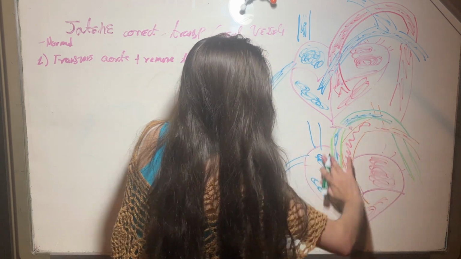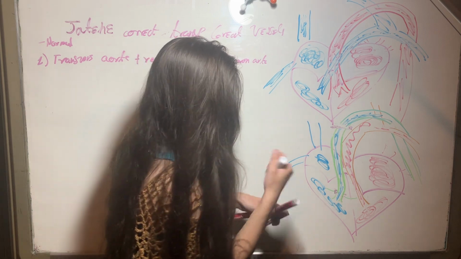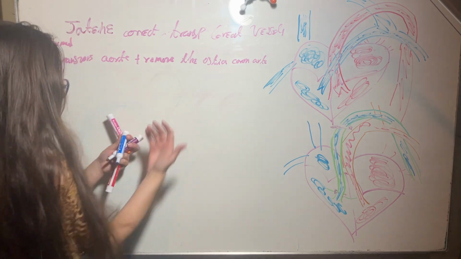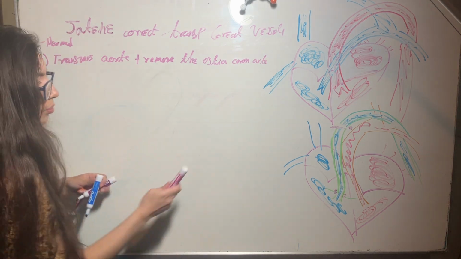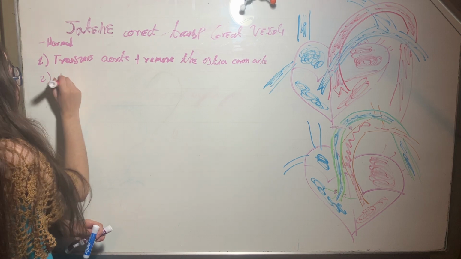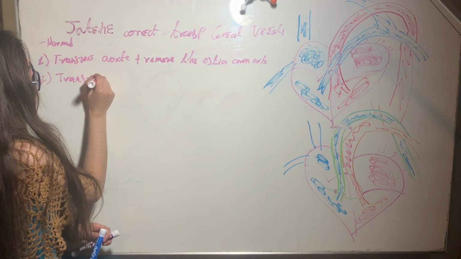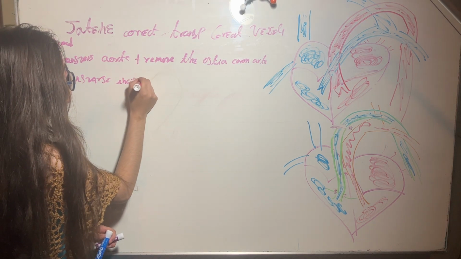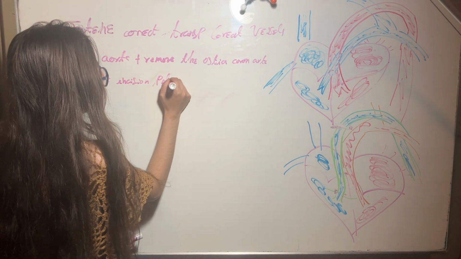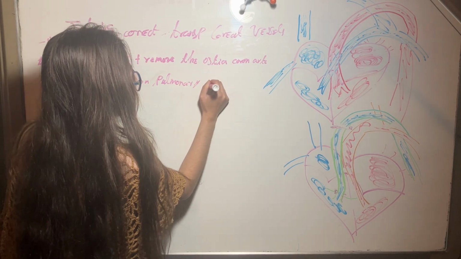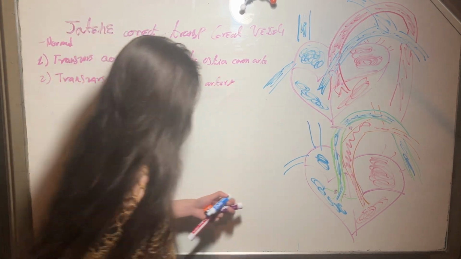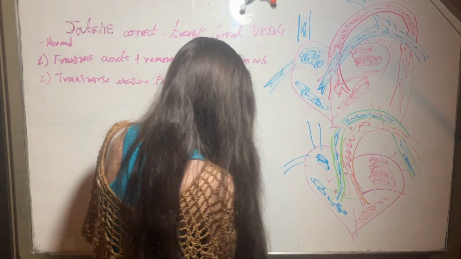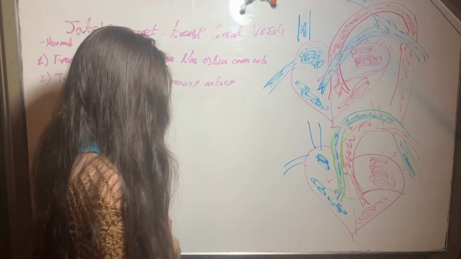And still the aorta has deoxygenated blood. The next step is we do the same in the pulmonary artery, so a transverse cut or a transverse incision of the pulmonary artery. So here at the same level we do a transverse cut.